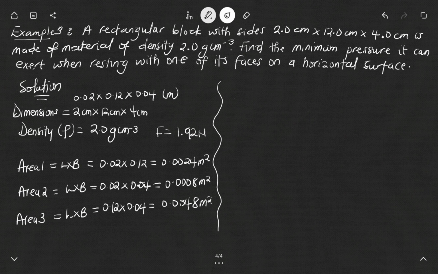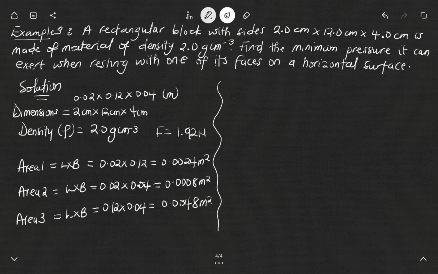Now if you look at these values, 0.0024, 0.0008, and 0.0048, the smallest area among these will be 0.0008, and therefore it means that the 0.0008 will be the one to exert the greatest pressure.